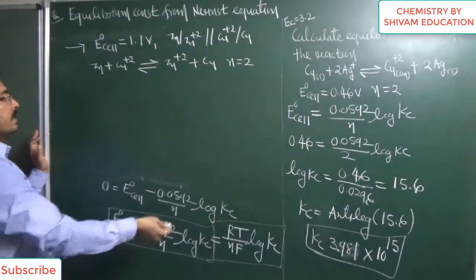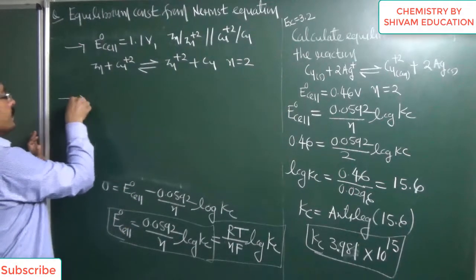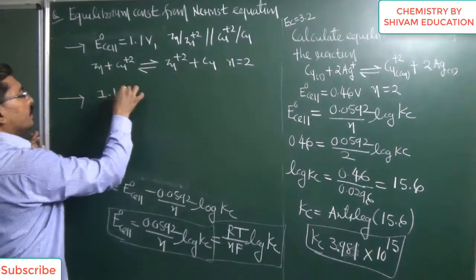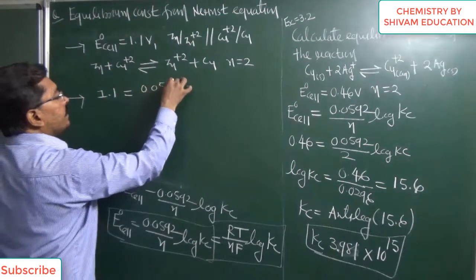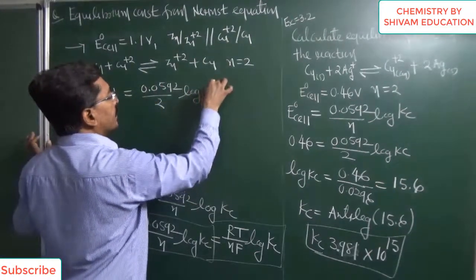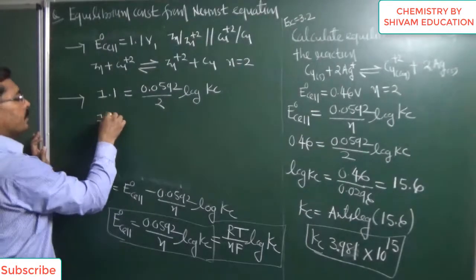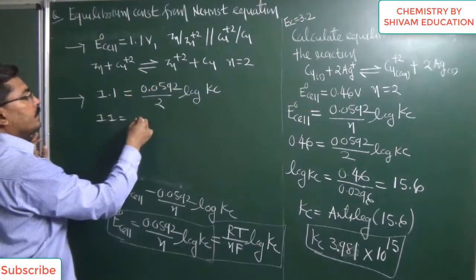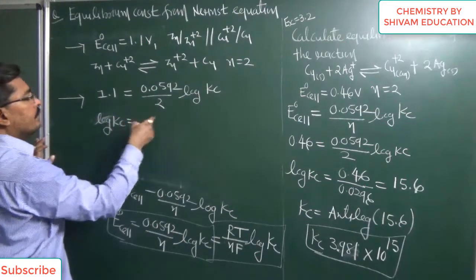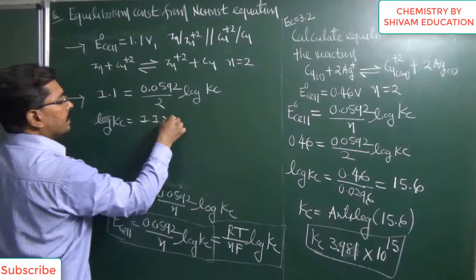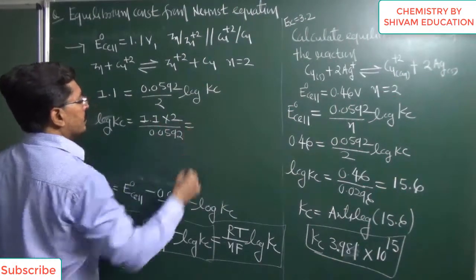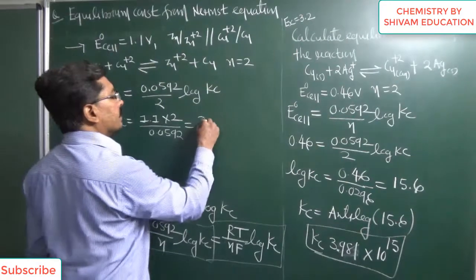So now we just have to put the values in this equation. The standard cell potential is 1.1 volt equals 0.0592 divided by 2 into log Kc. Now we will simplify. We can also write the simplification directly as log Kc equals 1.1 volt multiplied by 2 and divided by 0.0592. Let us simplify it.